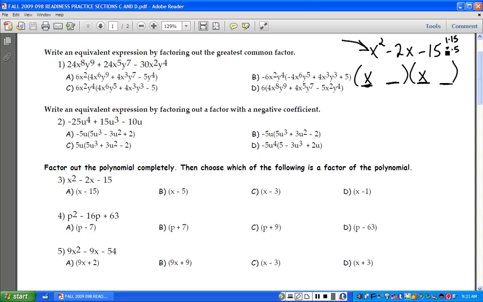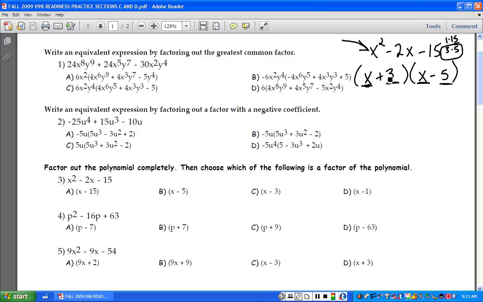Okay, so I'm going to use the 3 and the 5, because what I also know is once I write down these factors, when I multiply the outside by the inside, it's got to combine to give me this negative 2 in the middle. So I can see getting a negative 2 if I'm combining negative 5 with a positive 3. Okay, so let's put it down. So we have a negative 5 and a positive 3. Alright, so we'll just write them down.